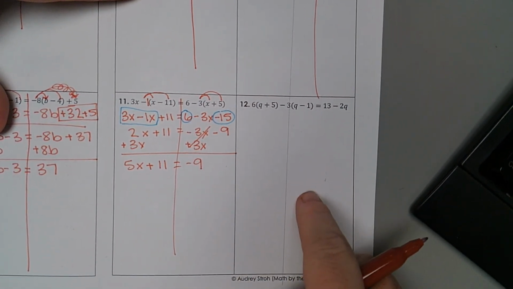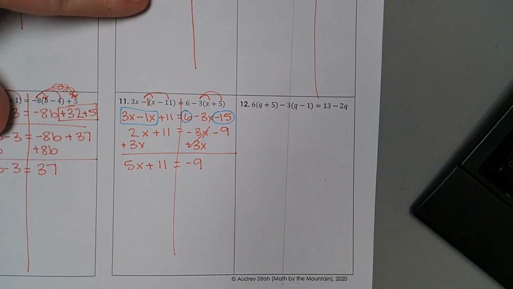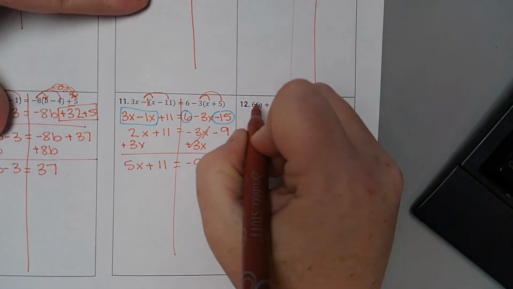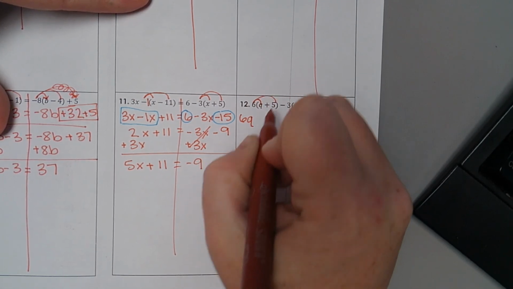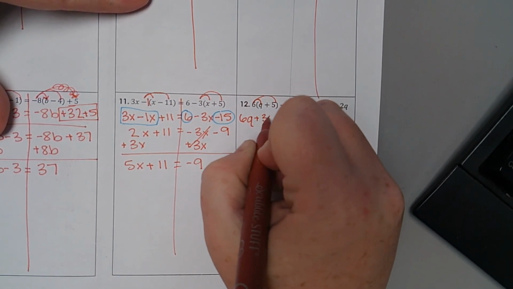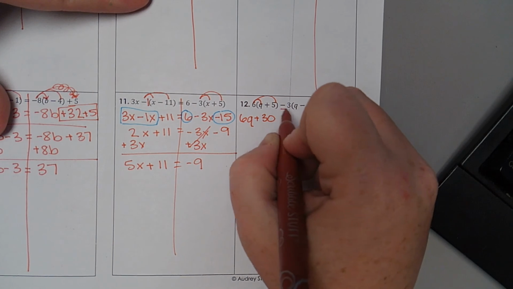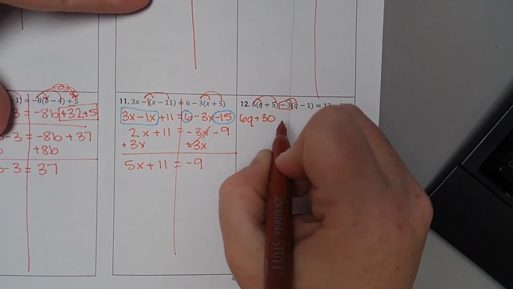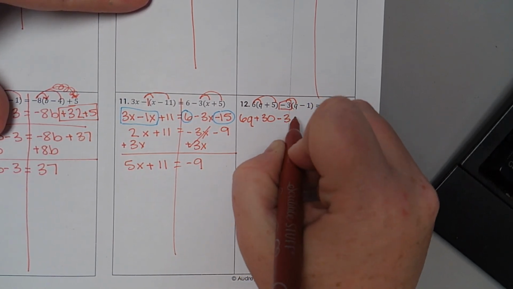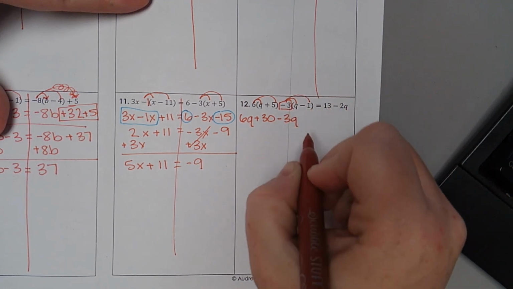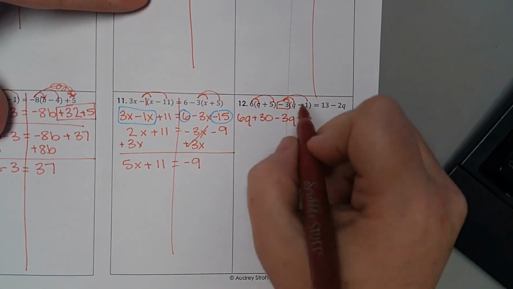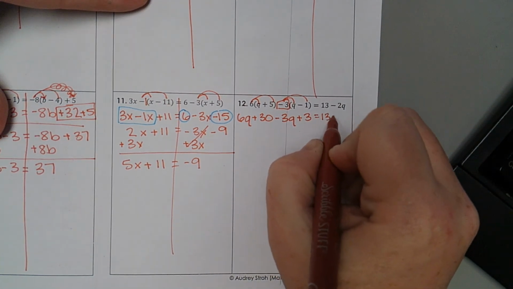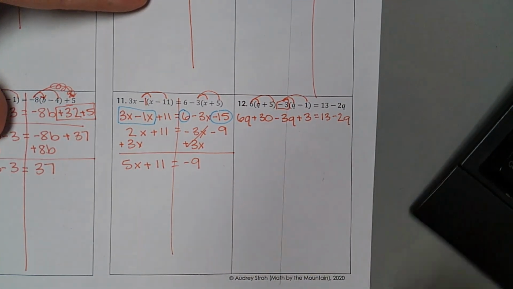Number 12, you distribute 2 times. So first we're going to do our 6. 6 times 1q is 6q. 6 times 5 is 30. Now we have negative 3 times q, so negative 3q, and negative 3 times negative 1 is a positive 3. And then our right side we didn't do anything to because there's no distributing yet.